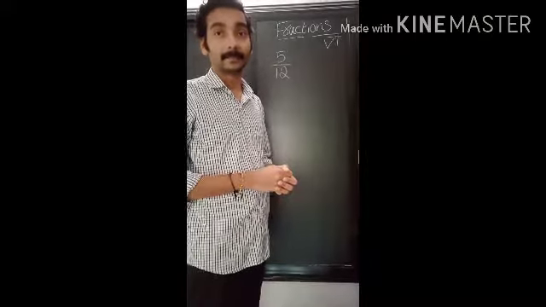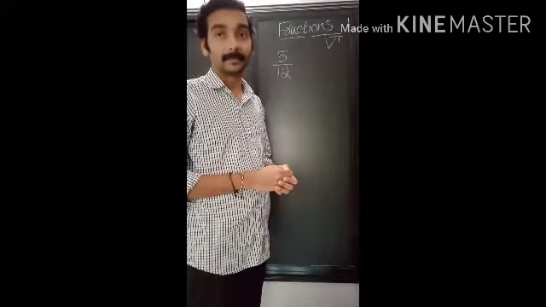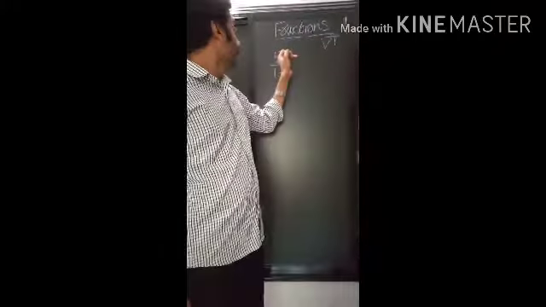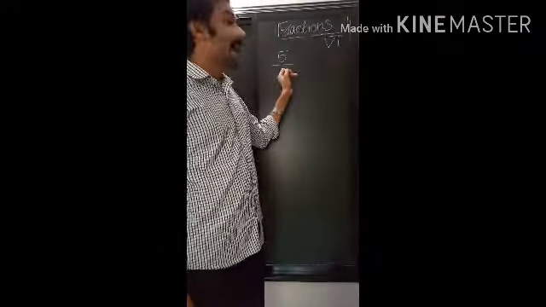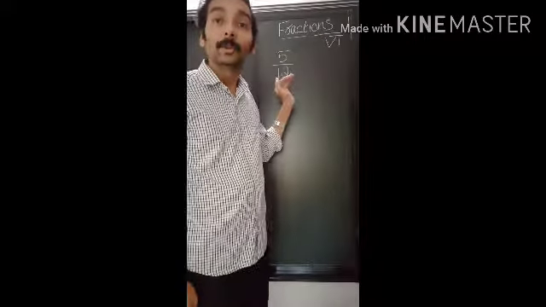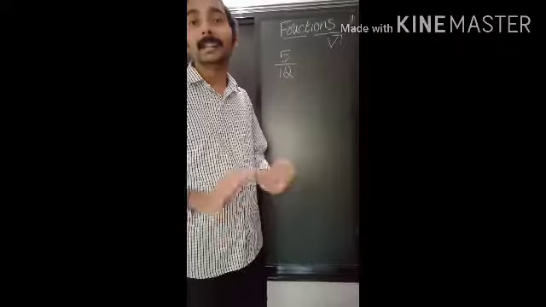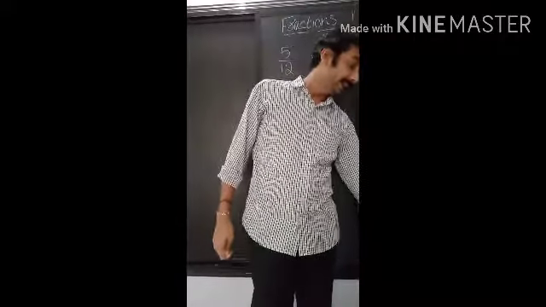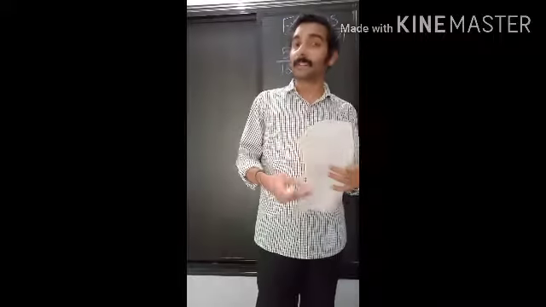Okay, clear? Okay. Then 5 by 12 can also be represented as 5 upon 12. Both are the same. Okay.